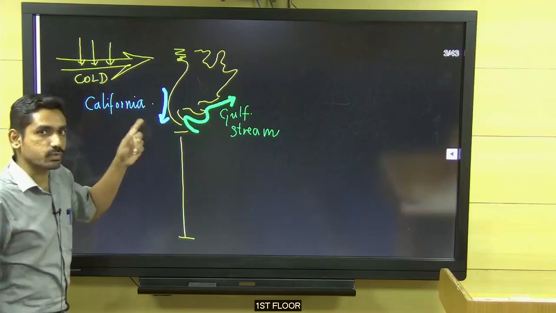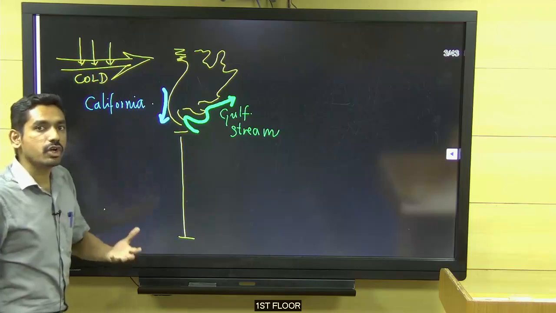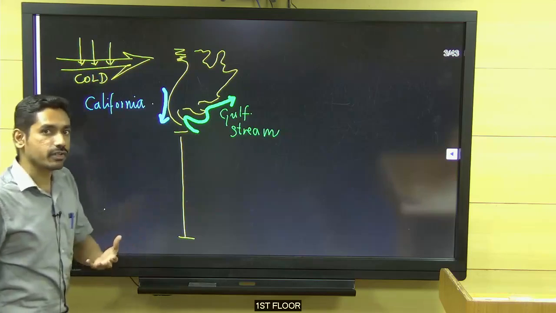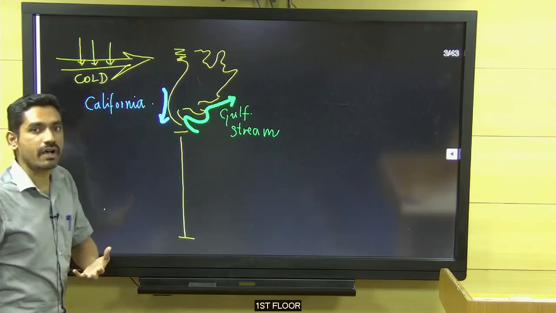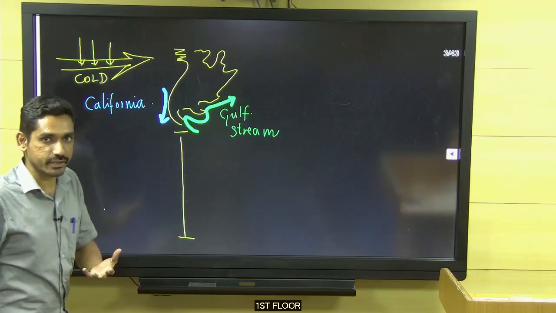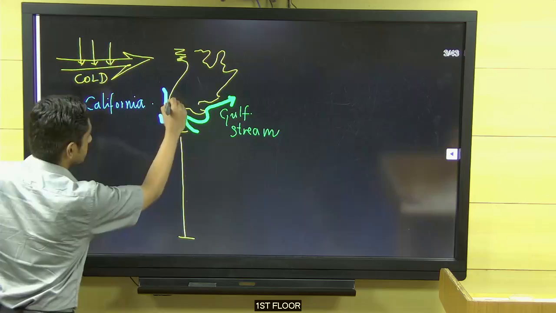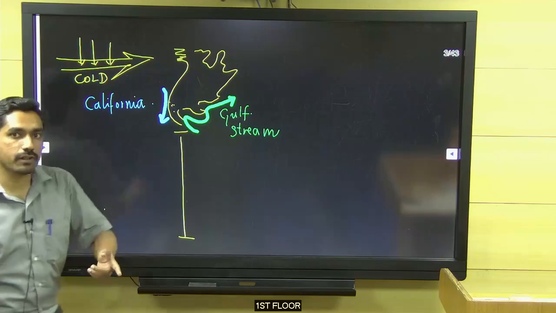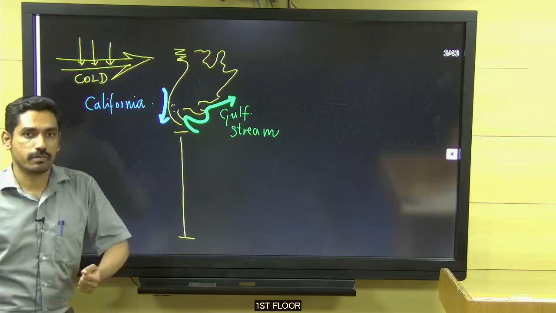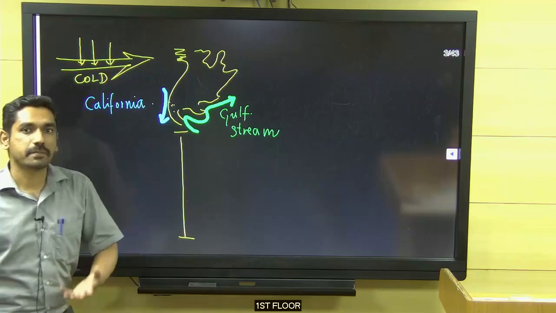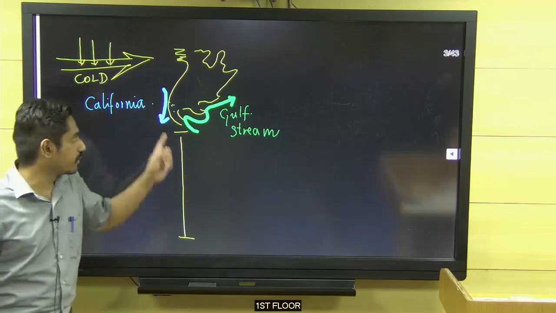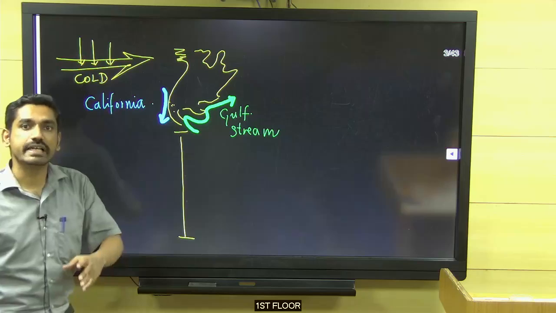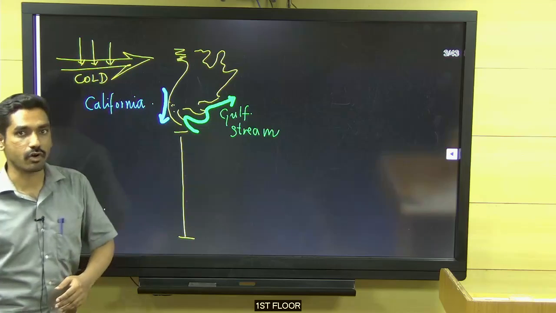This is attributed as one of the reasons beyond offshore trade winds for the location of Mojave Desert. Mojave Desert is on the United States-Mexico border, right? So this region is a desert because of cold current. This is true for all the parts of the world. Along with your offshore trade winds, the presence of cold ocean currents on the western side of continents is a reason for presence of subtropical hot deserts.